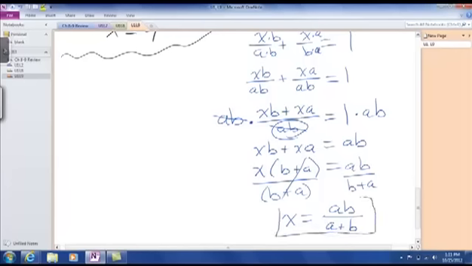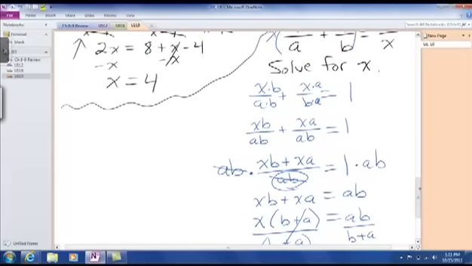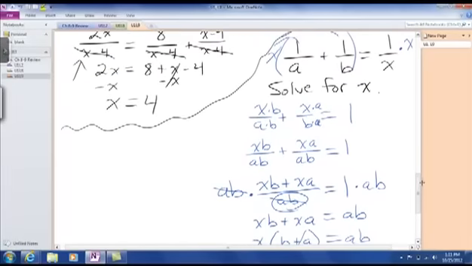I bet you didn't think that was going to be that difficult to get x by itself. But it kind of was. Not difficult, just a lot of steps. Let's go back up there and see. So, a recap. We had to multiply by x to get it out of the denominator. Then we had to get a common denominator on the left side so that we could combine those fractions into 1.